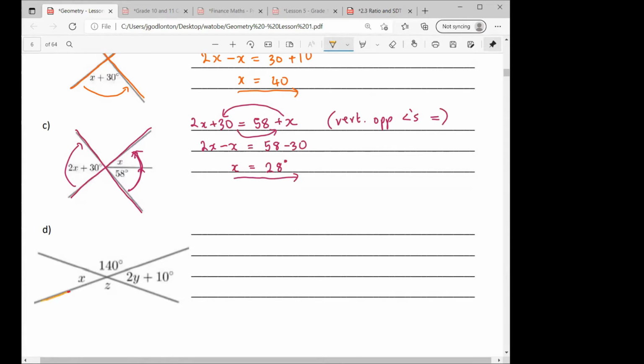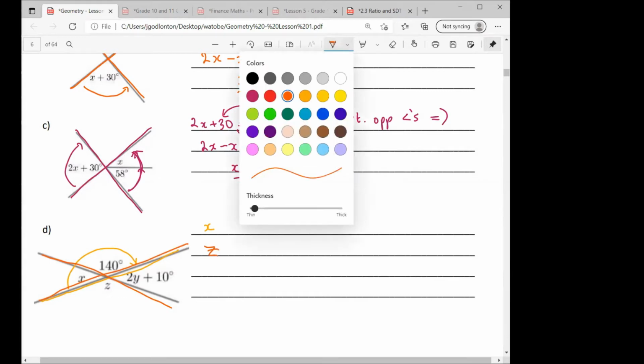Firstly, if we think about what we spoke about on Monday, I want you to think about how I could find x. So x is the first thing I want you to try find. Then I want you to think about z, and then I want you to think about y.